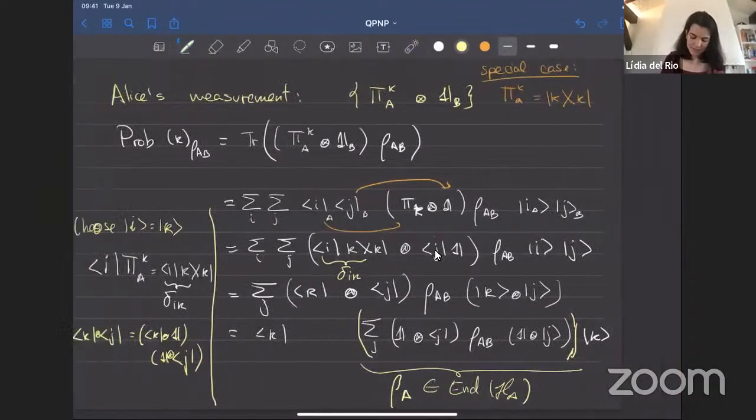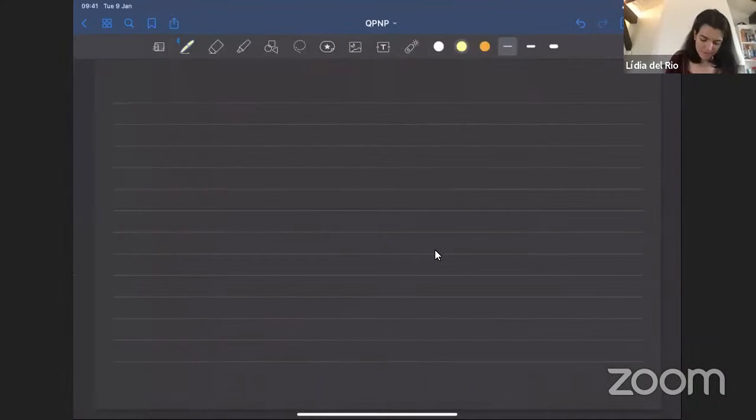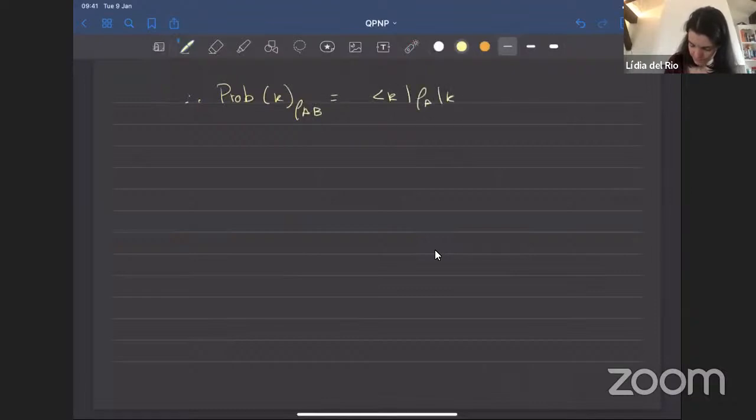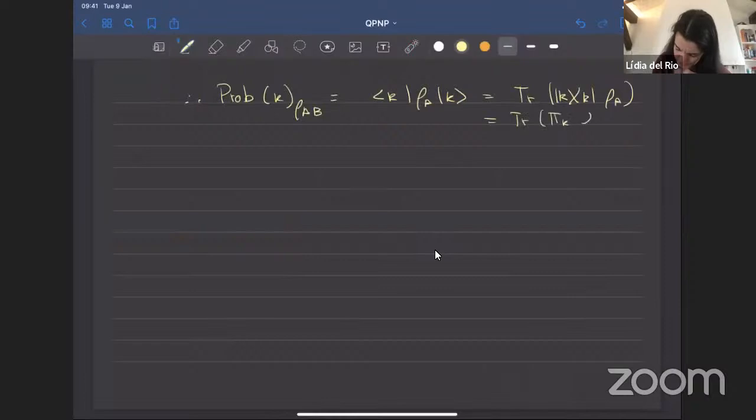And what does this give us? Well, the probability of getting k with rho B is just k rho A. This can be rewritten as the trace of k rho A. You can apply the same trick again, which gives the trace of identity tensor k rho A. So this is what we're looking for.